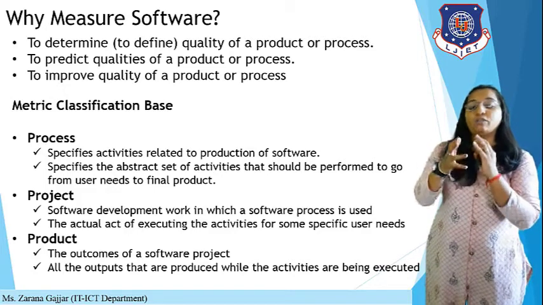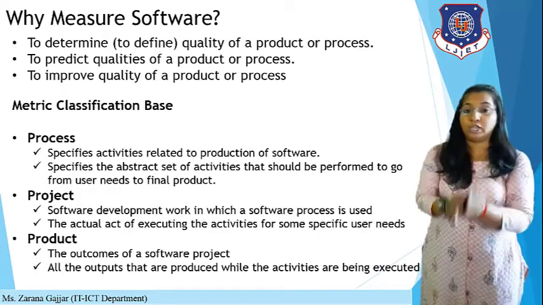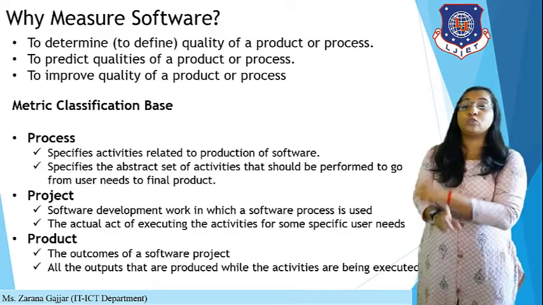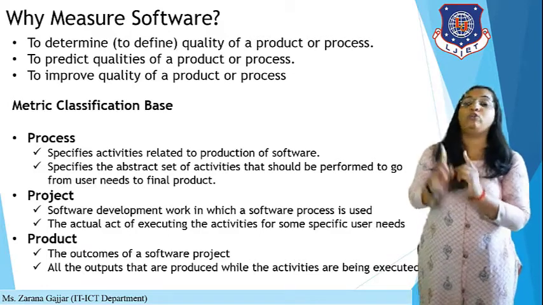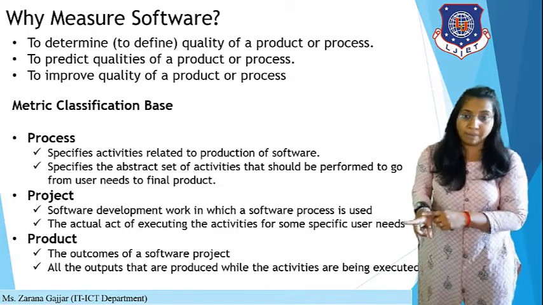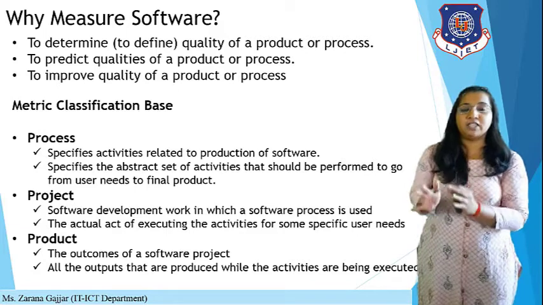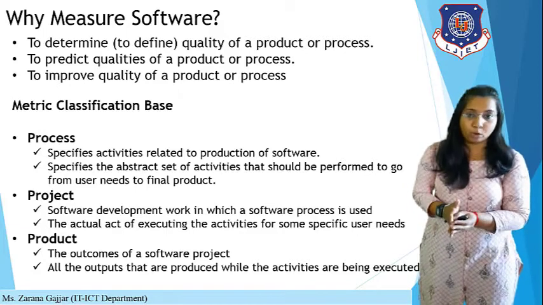What type of requirement the user needs and what activity leads to that particular requirement, you have to mention in a project metric. It will define the characteristics and execution of that particular project.